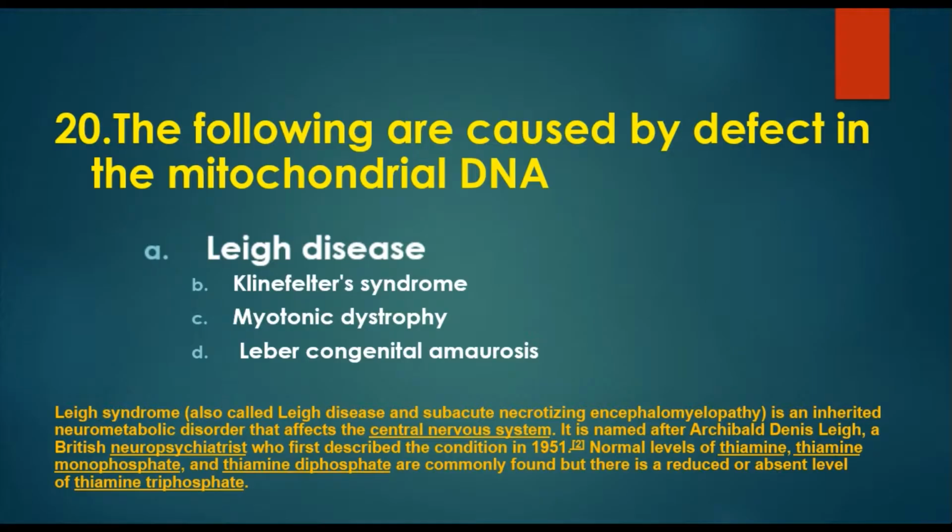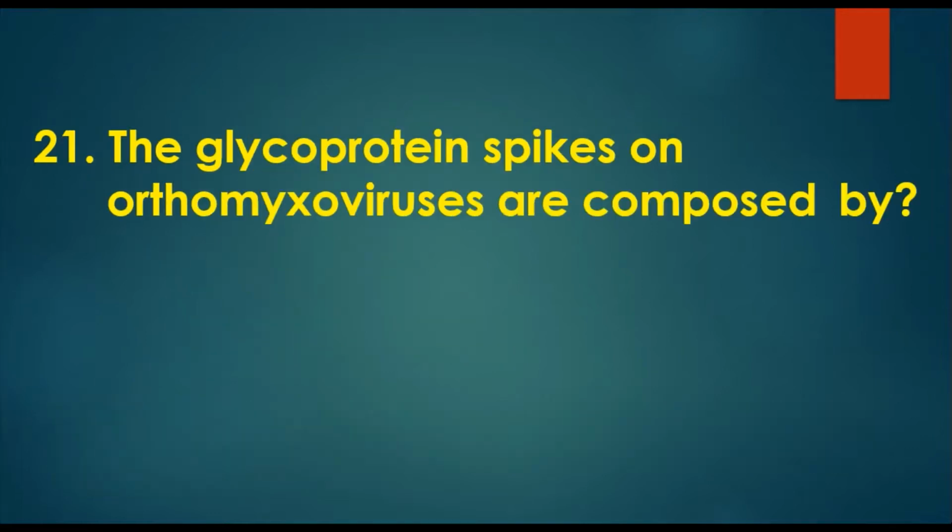Myotonic dystrophy is an autosomal dominant disorder caused by a trinucleotide repeat disorder, so this is not related to the mitochondria. Then the last one, Leber congenital amaurosis, is caused by mutations in the CRX and IMPDH genes, so this is also a wrong answer. So what is the right answer for this one? Leigh disease.